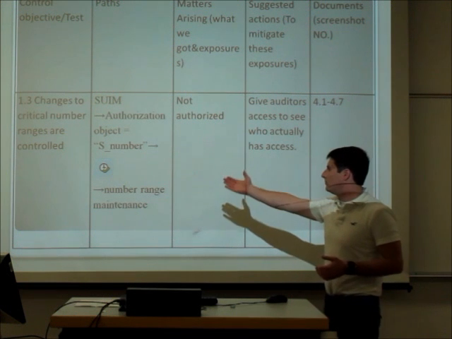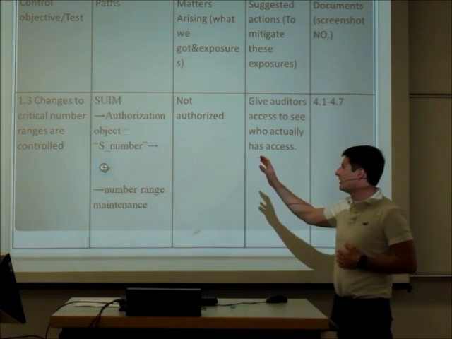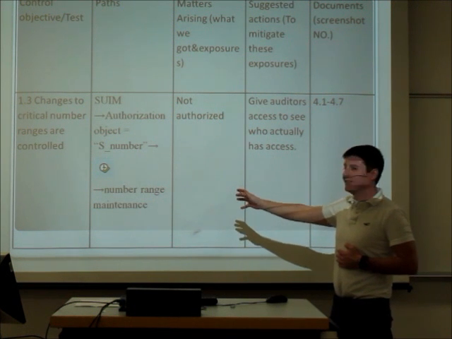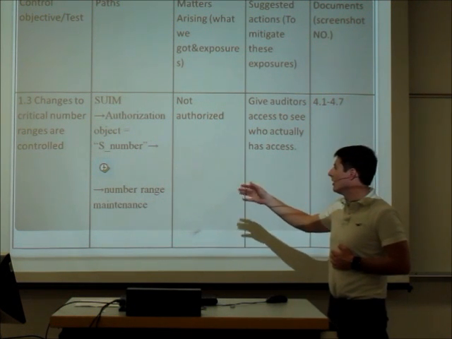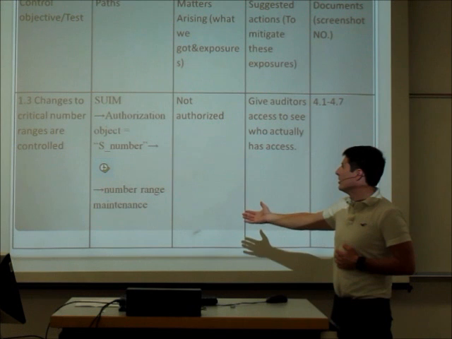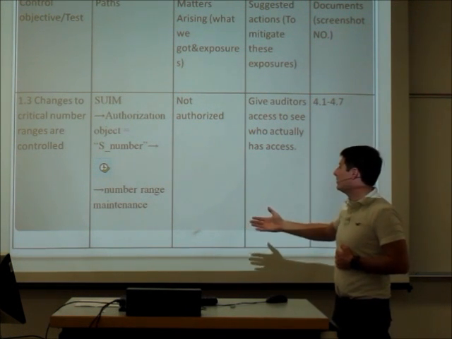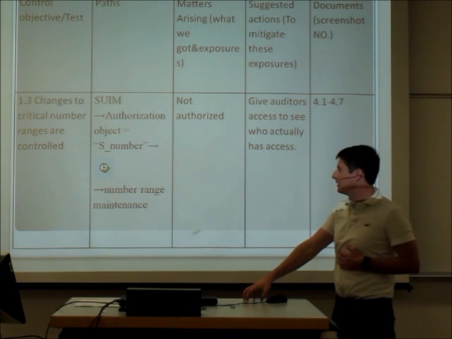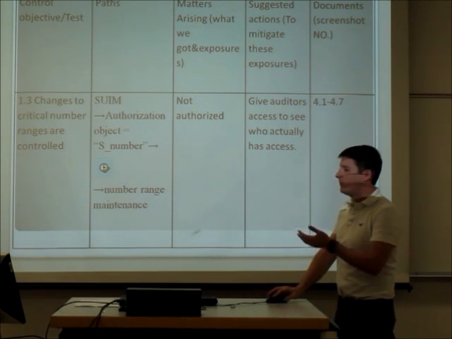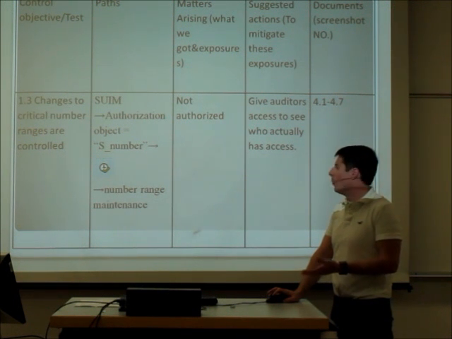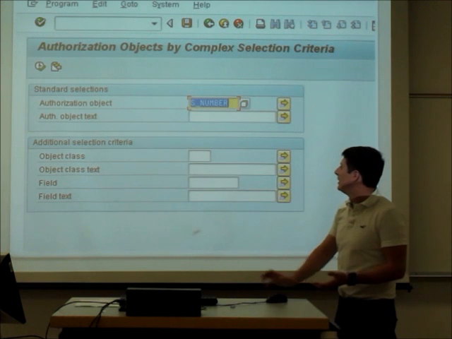So you go into SNRO as a transaction or command code. Your authorization object is S_NUMBER execute, and then number range maintenance comes up. We were not authorized to see who has authorizations. So if a client of ours wanted us to audit that, we would need authorization for that.